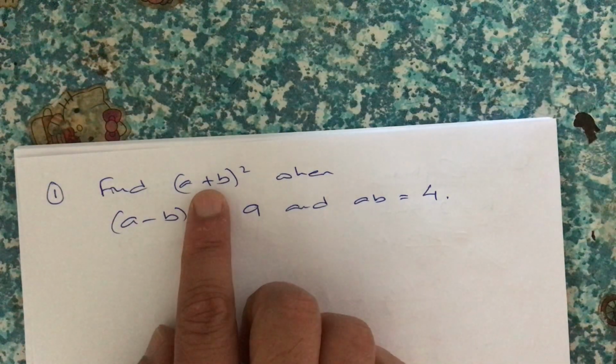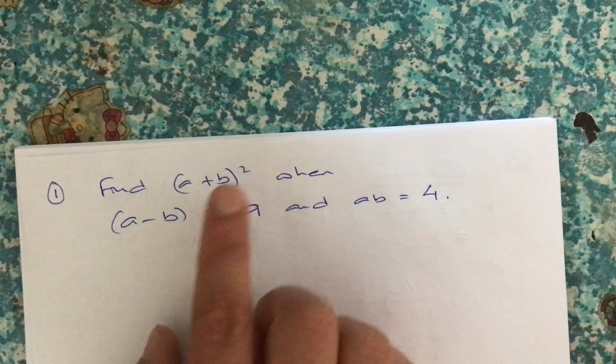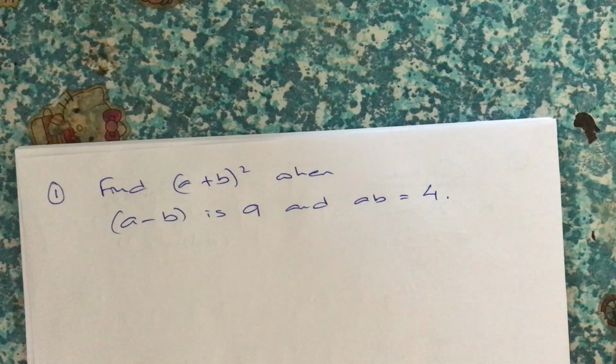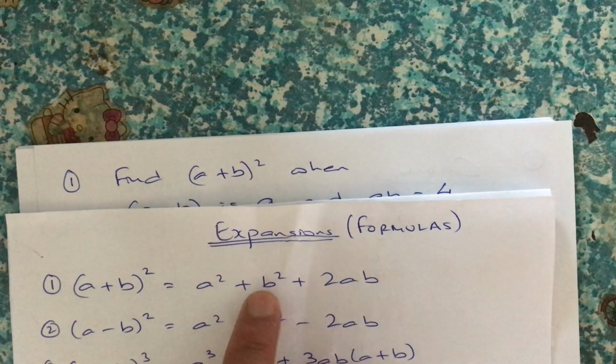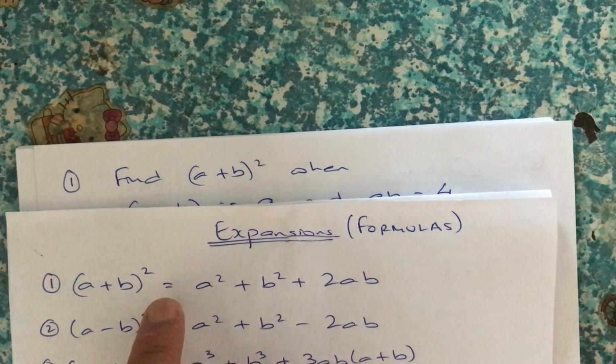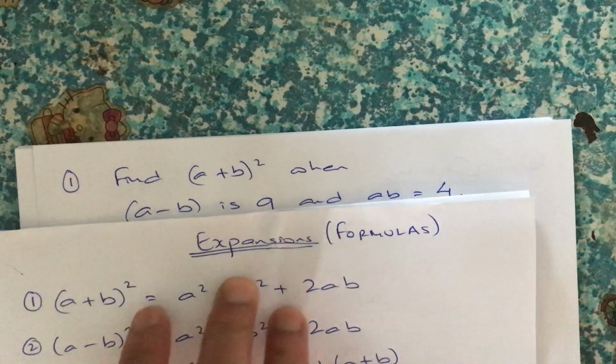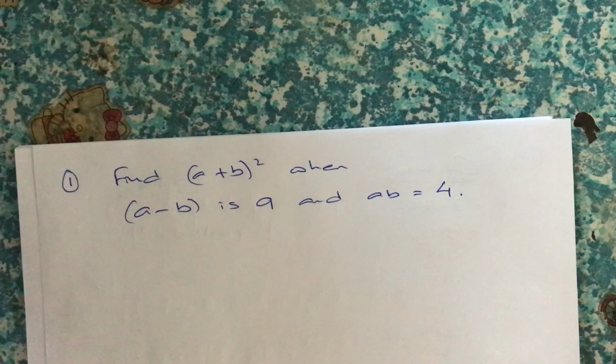In this particular question, (a plus b) whole square is what we have to find, but a minus b and ab are given. If I try using the first formula, there is no a minus b over there, because of which we cannot use it. So we have to apply the new formula.